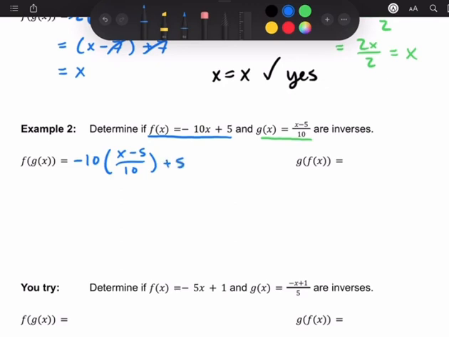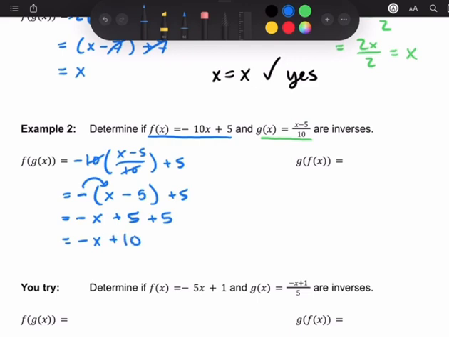We can see that these two 10s cancel out, leaving us with negative times (x minus 5) plus 5. We distribute that negative sign, leaving us with negative x plus 5 plus 5, which simplifies to negative x plus 10.